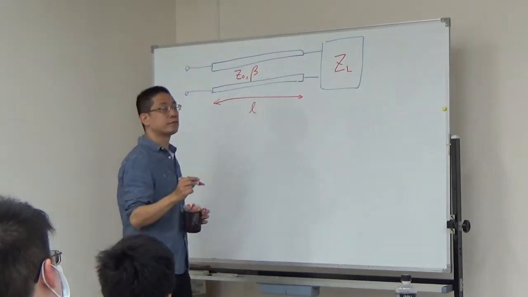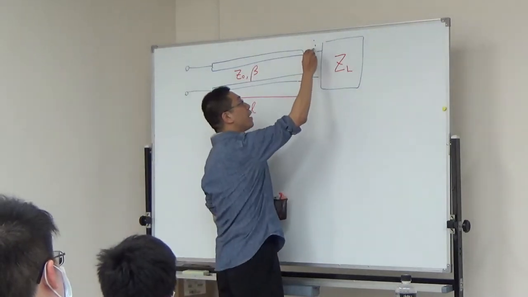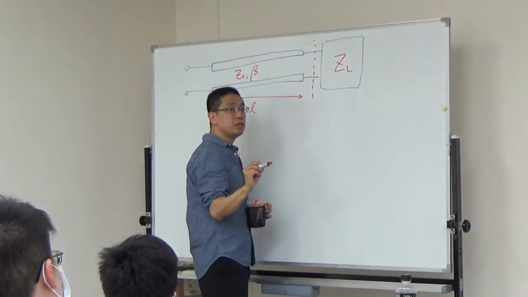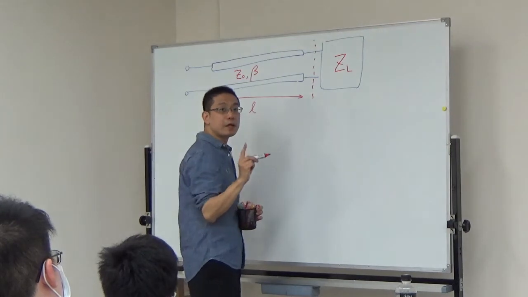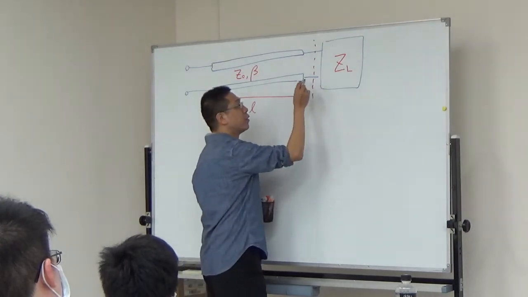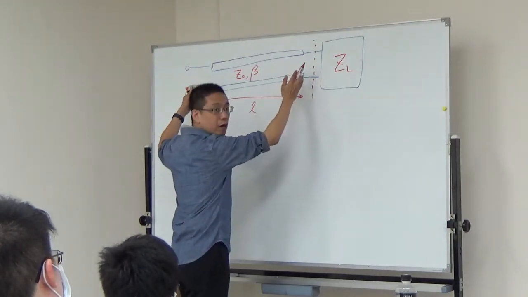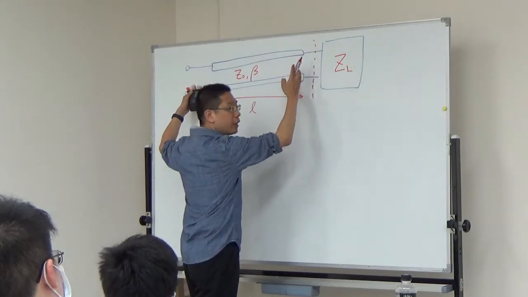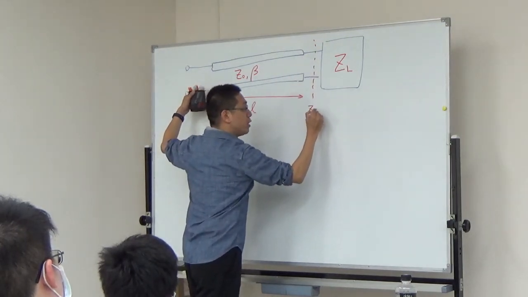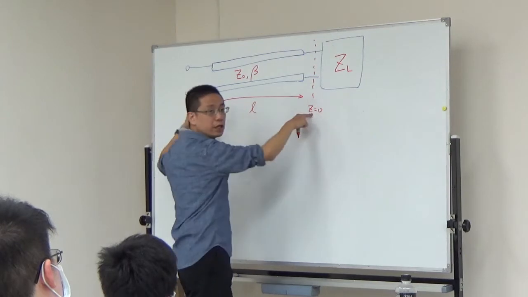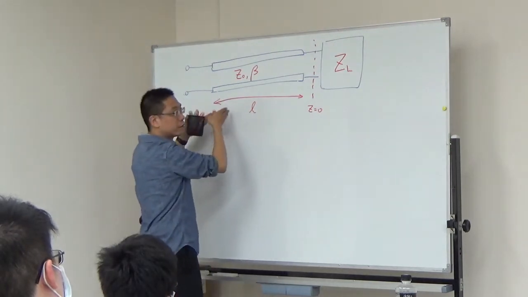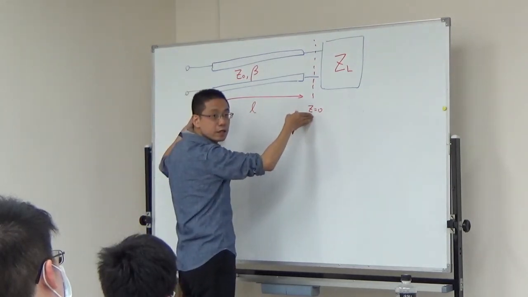First of all, we define the position. The end of the transmission line is Z equals 0. Z is where it is. Here Z is 0.